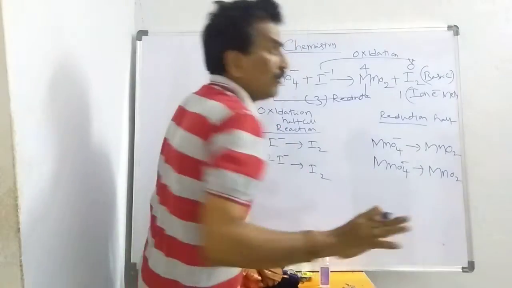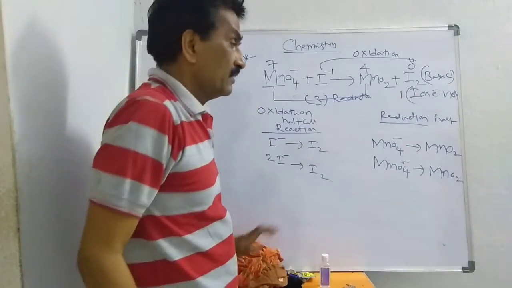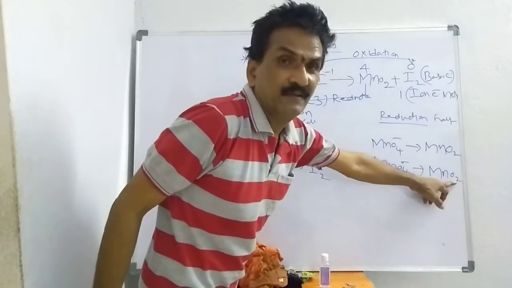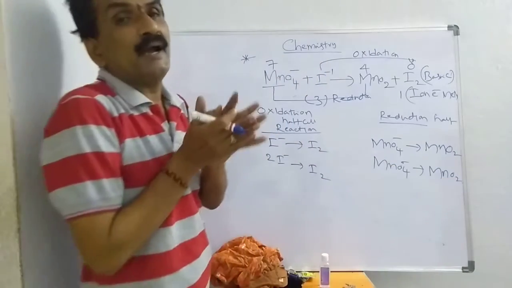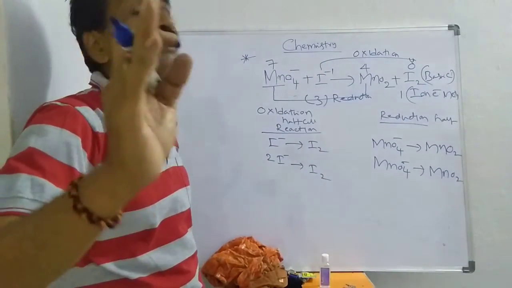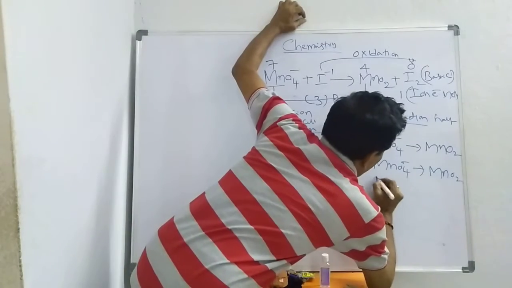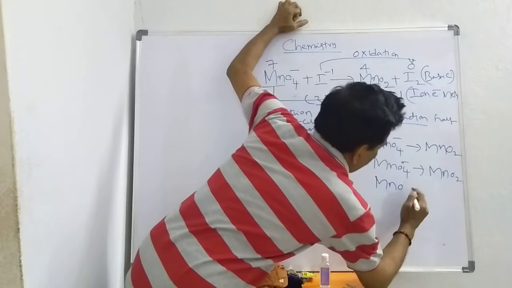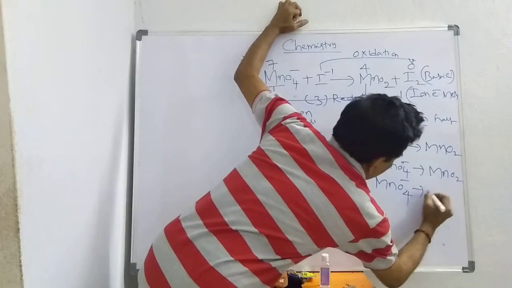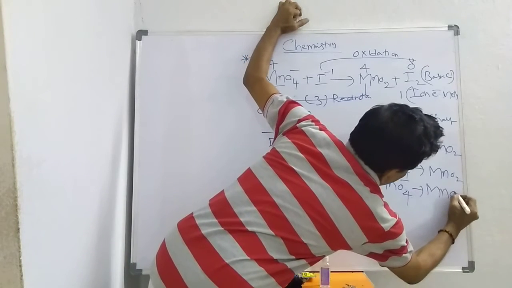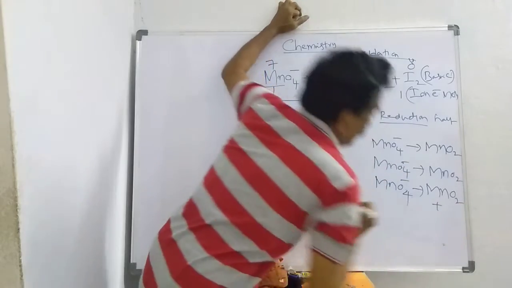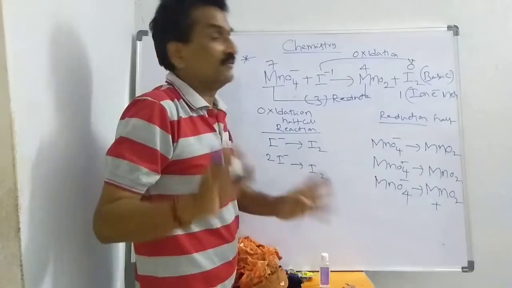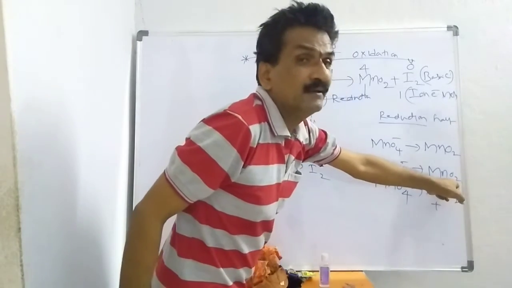So now what I am going to do, please listen to me. Here 2 oxygens are more when compared to this one, so I am going to add OH minus. How many oxygens are there? 2.